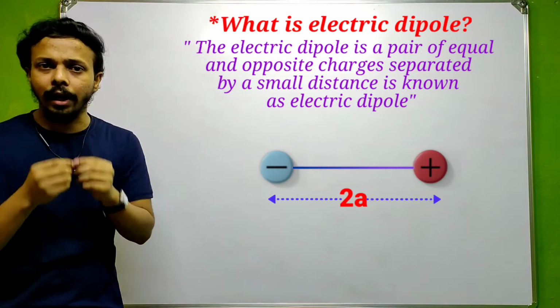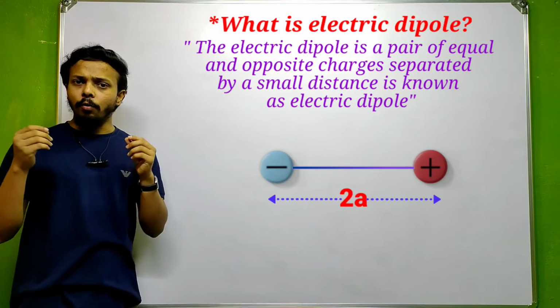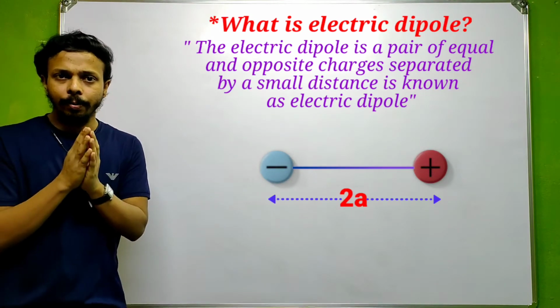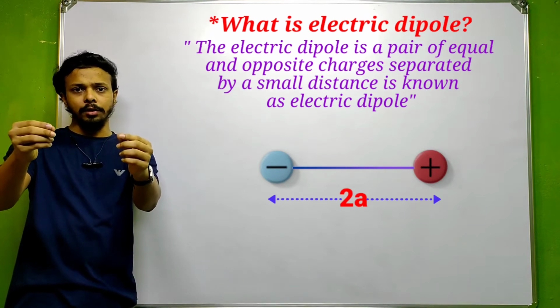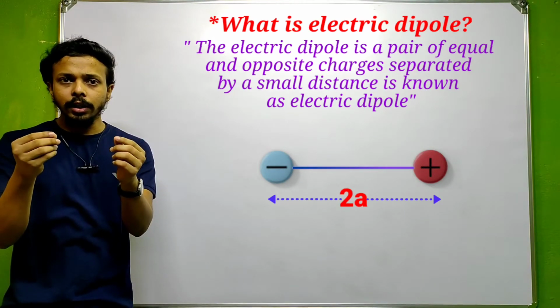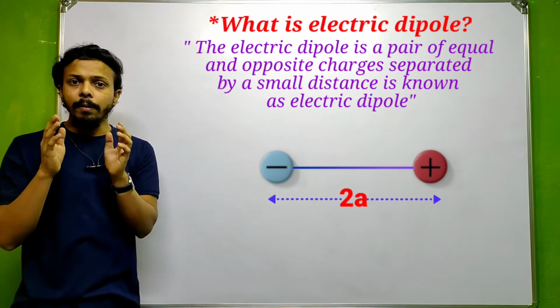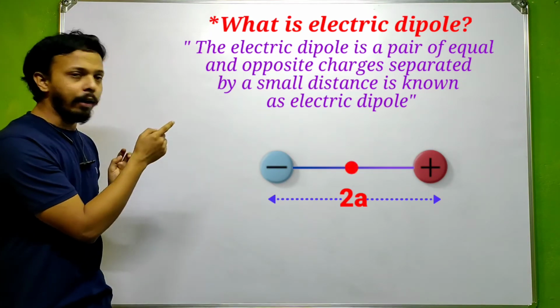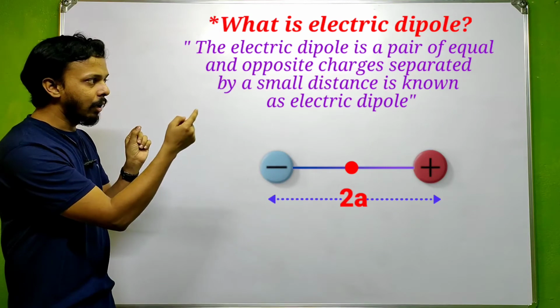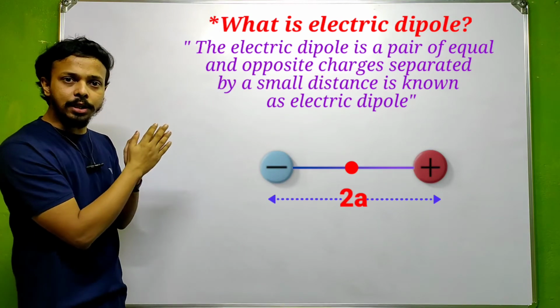They just try to attract. And at which point are they supposed to meet? They attract and meet at a special point, and that point is at the center of the line joining the charges.